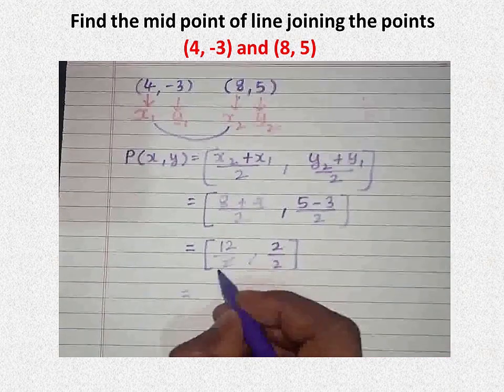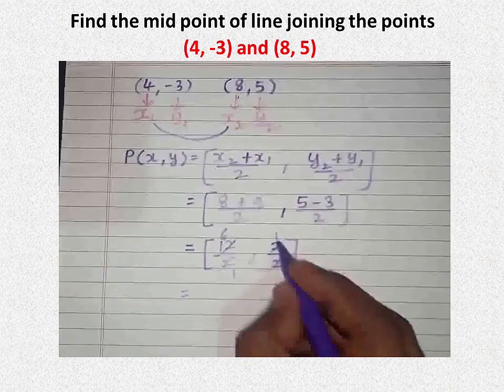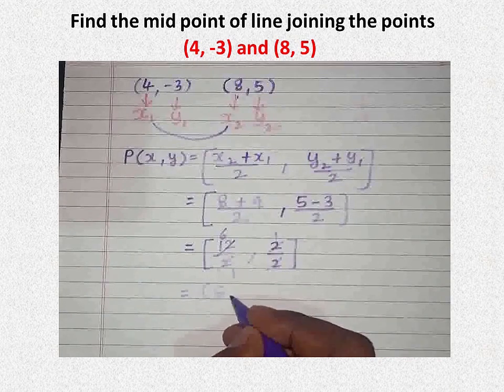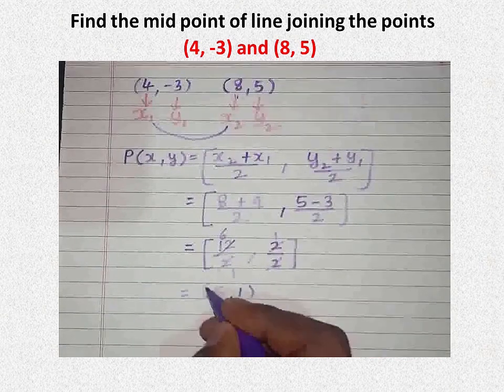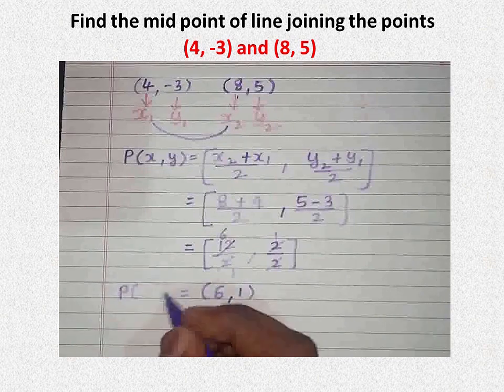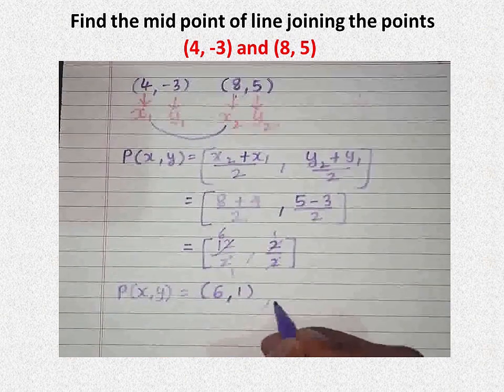Now 12 by 2 will give you 6. The same way, 2 ones are 2. So we'll get 6, 1. Therefore, the midpoint of the line joining the given points is 6, 1.